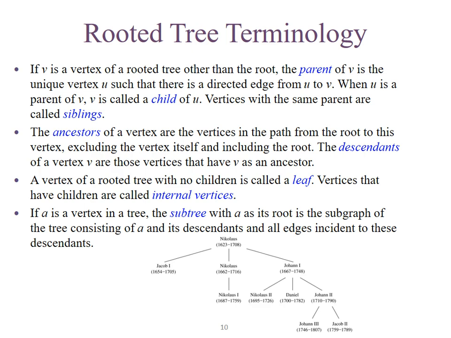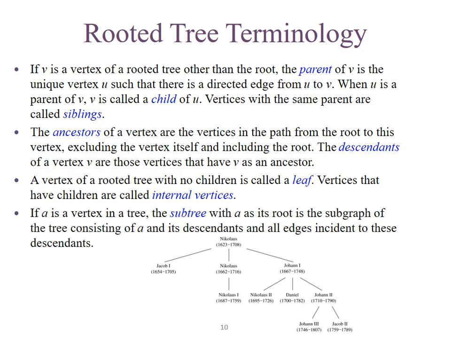Okay, so let's see what a descendant is. Descendants of a vertex V are those vertices that have V as an ancestor. Actually, you can travel different paths from Nicholas to the other vertices.